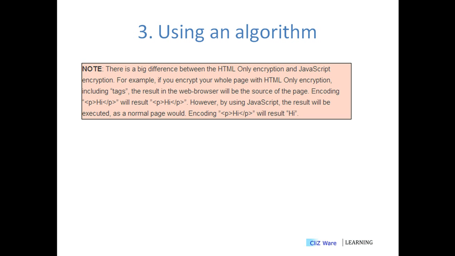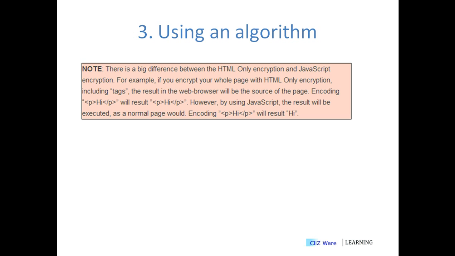The second important difference, with JavaScript, is that when you encrypt the same message, so if you encrypt paragraph, Hi, and then the closing tag, that would give you Hi. So it would actually execute the paragraph and treat this as a paragraph. It now considers that what you have entered is actually HTML.